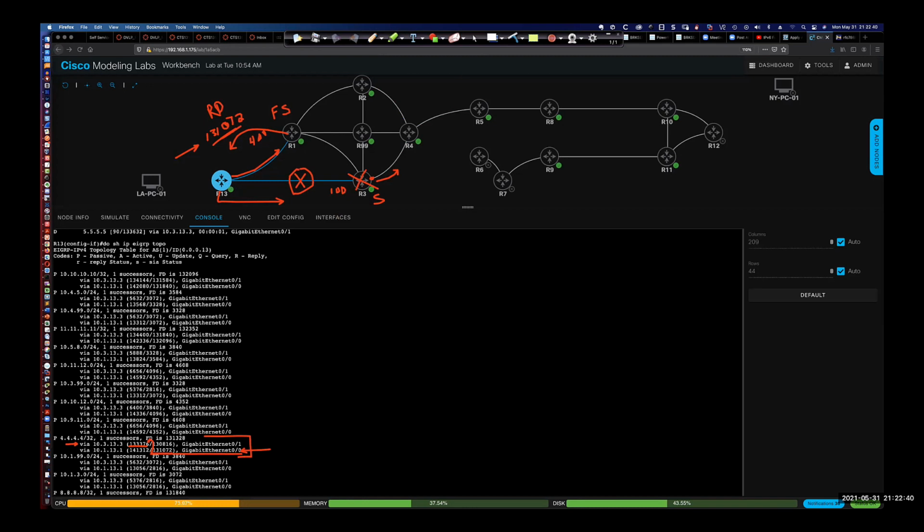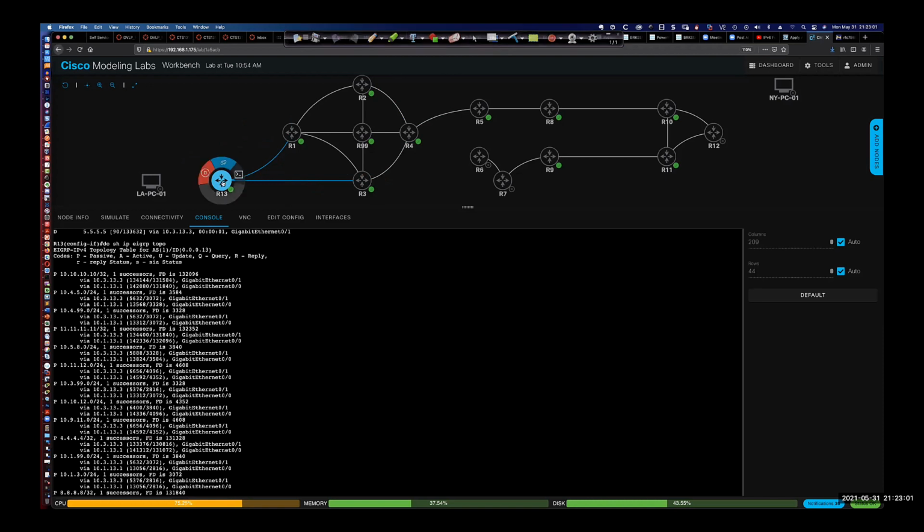Now, let's talk about what happens if router 1 is not a feasible successor and router 1 does not meet the feasibility condition. It won't show up here in the show IP EIGRP topology command.